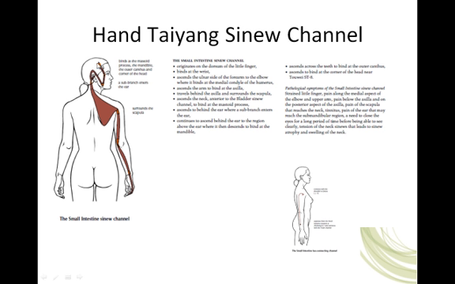So it starts on the posterior aspect of the little finger, moves up the ulnar side of the hand, the ulnar side of the forearm, the posterior aspect of the upper arm, crossing and surrounding the shoulder blade, moving up the neck just anterior to the urinary bladder sinew channel, behind the ear where it binds at the mastoid process.